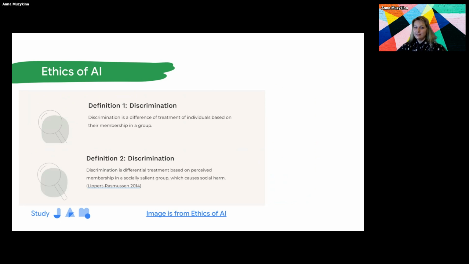We need to understand two kinds of harm. Allocative harms. This is when you miss out on things like a job or a loan because of some unfair AI. Representational harms. This is when AI reinforces bad stereotypes, like making some groups look bad.